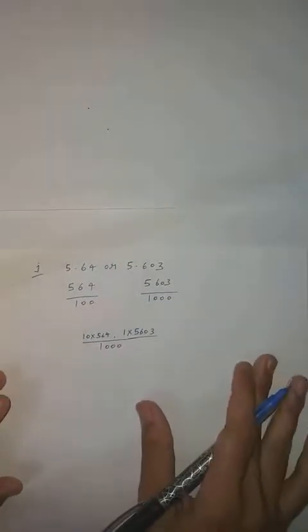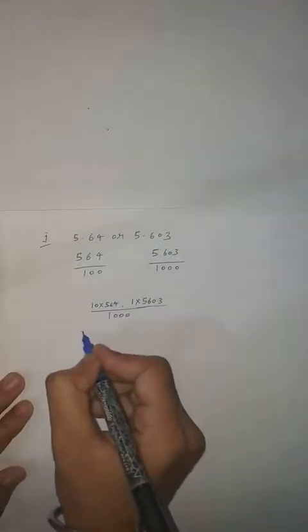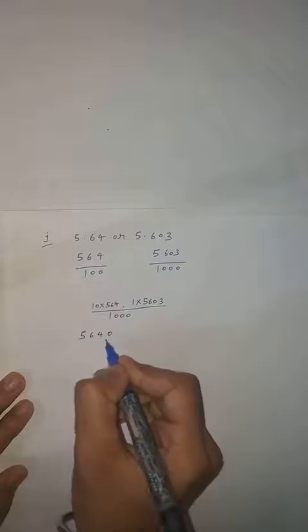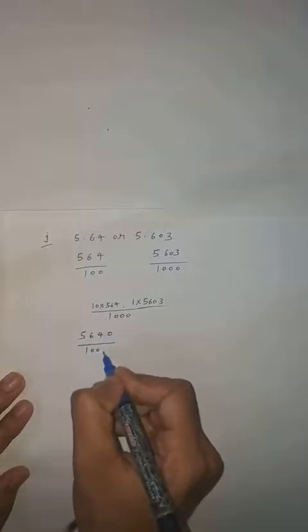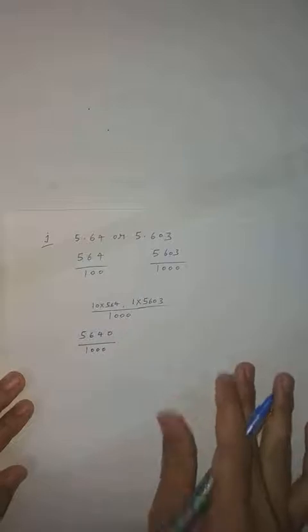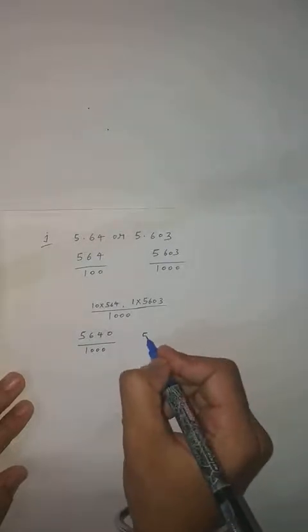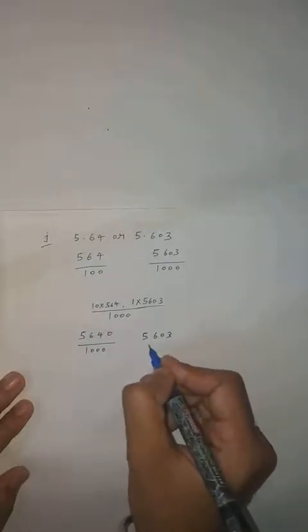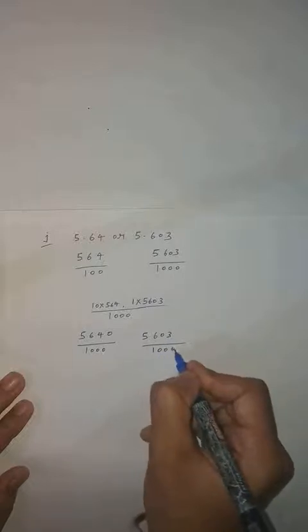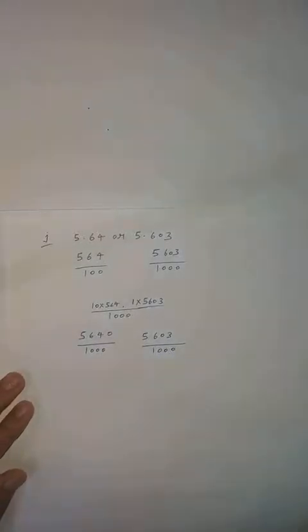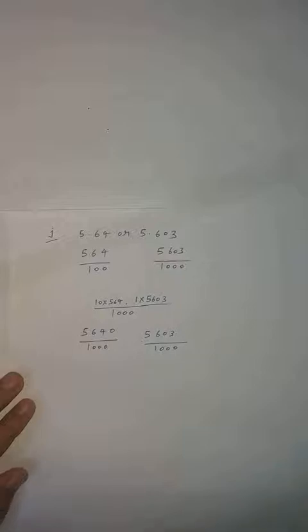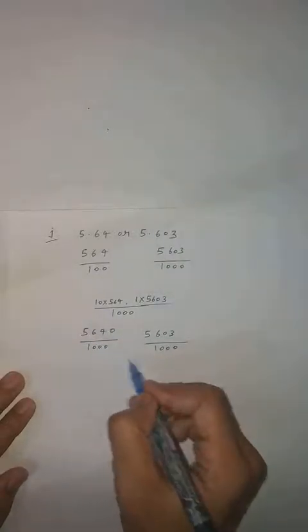Now come to the next point. This will become 5640 upon 1000, because you will multiply by 10, so one 0 you will increase, and this will become 5603 upon 1000. Is that clear student? Now you can easily say which number is greater. Here you can see the denominator is equal.